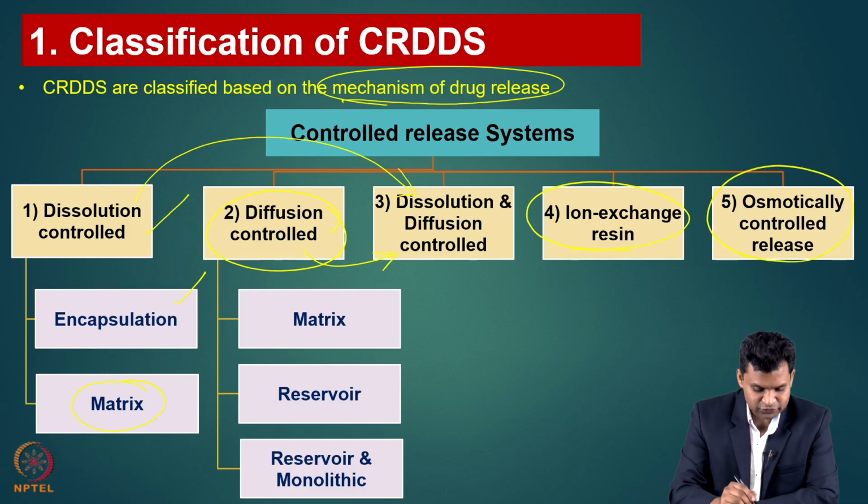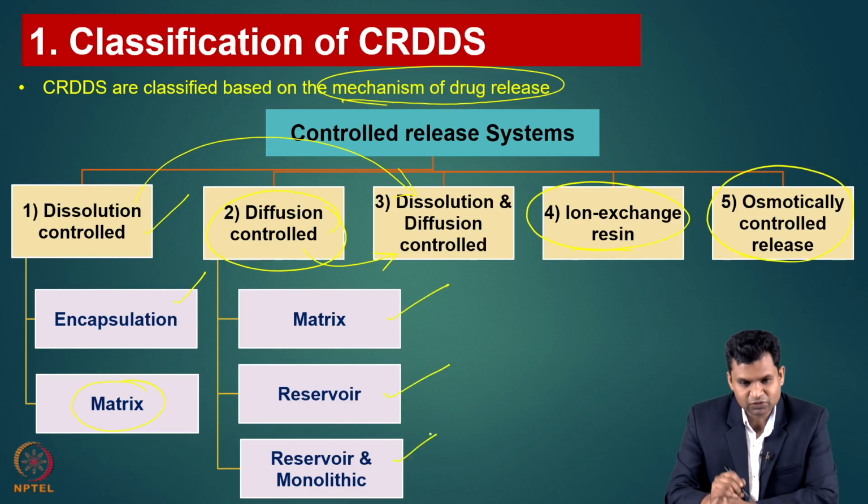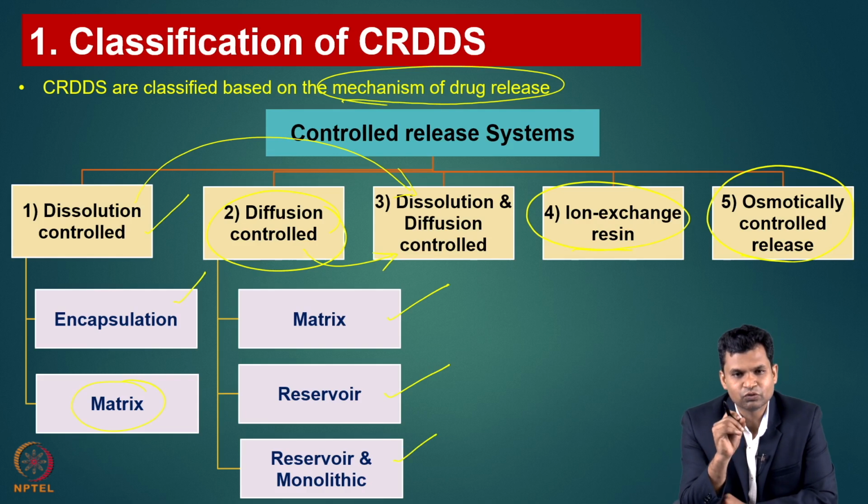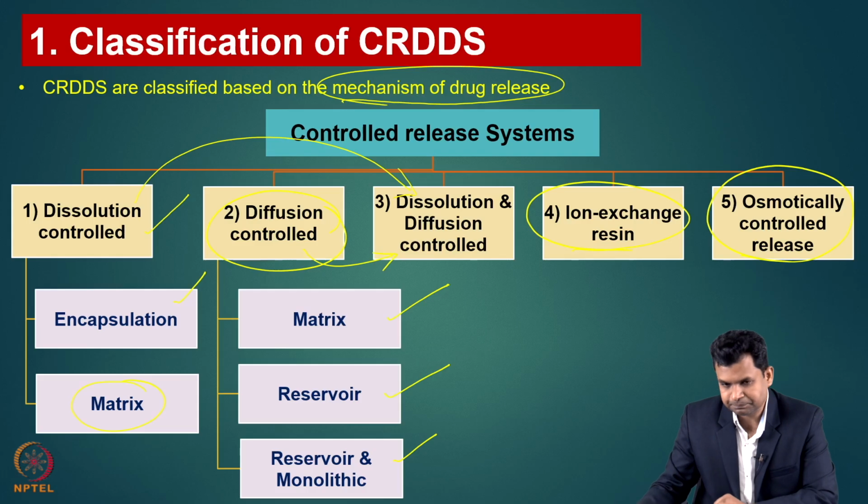Coming to diffusion, we have matrix systems, reservoir systems, and monolithic systems. Today we are going to focus on the different types of control release systems with some marketed products.